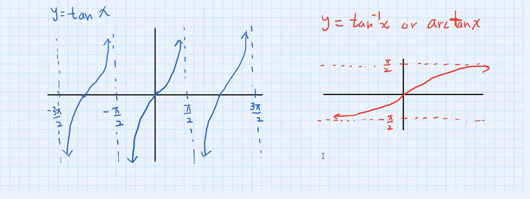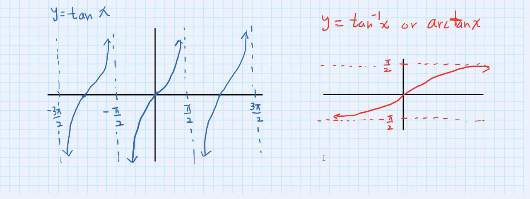So when you graph inverse tangent, the domain of tangent x, which was negative pi over 2 to pi over 2, becomes the range of inverse tangent, and the range of tangent x, which was negative infinity to infinity, becomes the domain of inverse tangent.